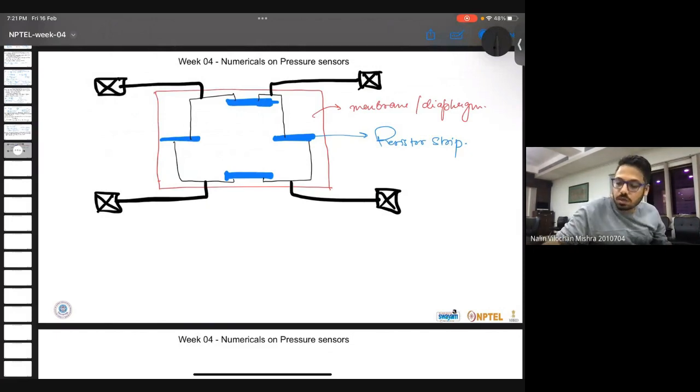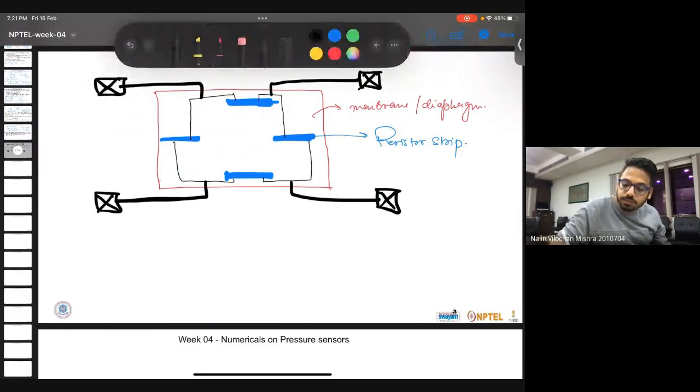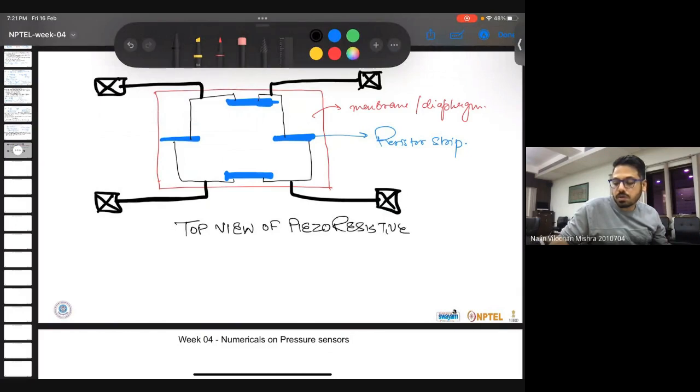So it's the top view. The top view looks like this of a piezoresistive pressure sensor.